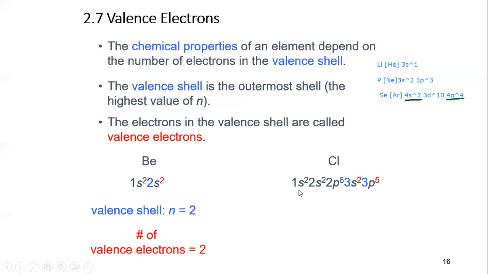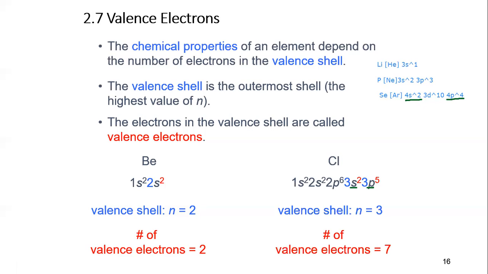Now, chlorine is a p block non-metal, and so for p block elements, the highest filled s and p orbitals tell you the valence electrons. So the valence shell is 3. Number of valence electrons is 7.